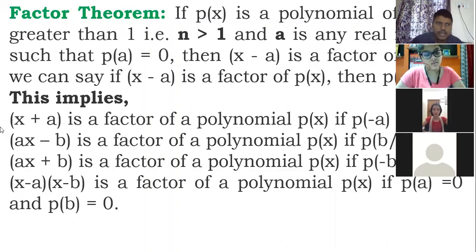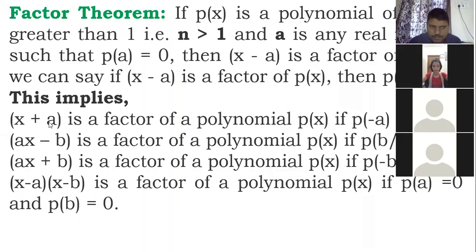Now come here. This implies x plus A is a factor. Factor means the given number is exactly divisible by x plus A, which means you get remainder 0. Factor means it will definitely divide. Clear?